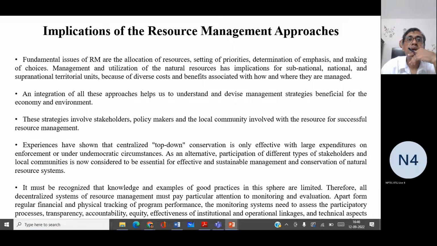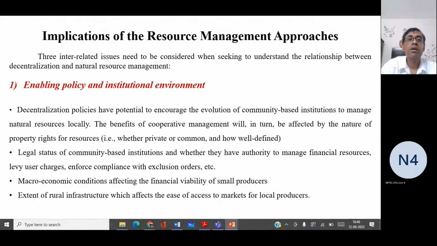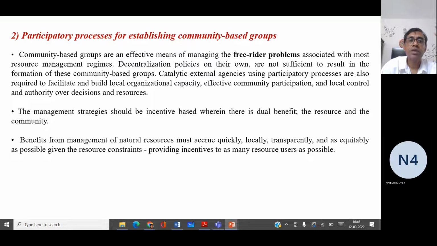So then we also talked about the implications of resource management approaches, where we discussed the policy aspect of resource management, like institutional environment and enabling policy, which helps your natural resource management. Then we talked about participatory processes for establishing community-based groups.